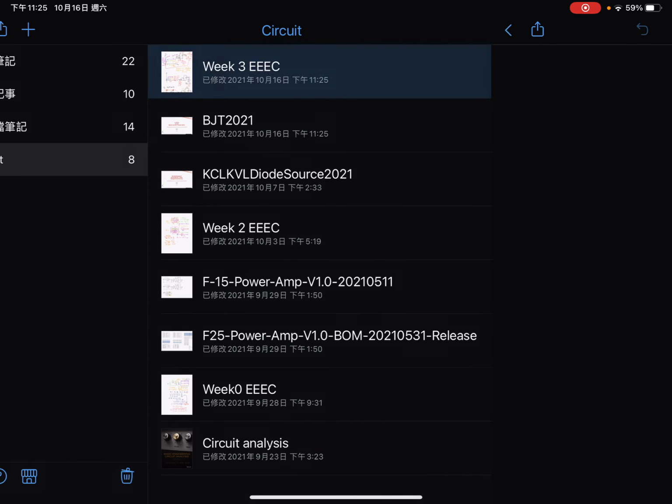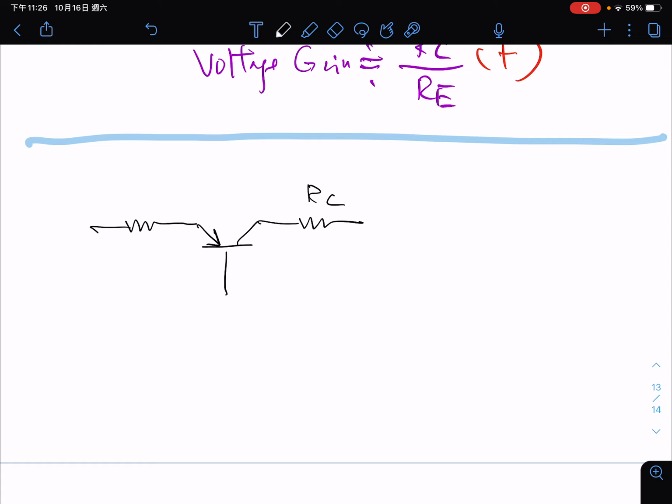It doesn't matter, but let me have it more consistently. And in order for the transistor to operate, we are going to have this B, this E, and we have this voltage, VB, which will be greater than 0.7 volts.